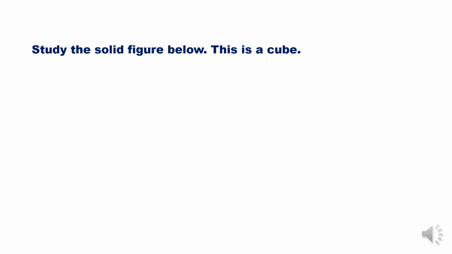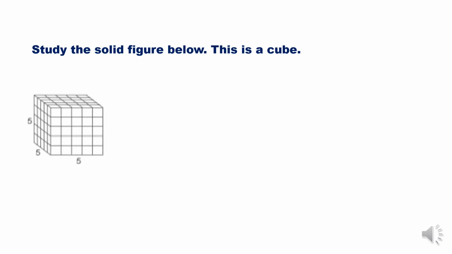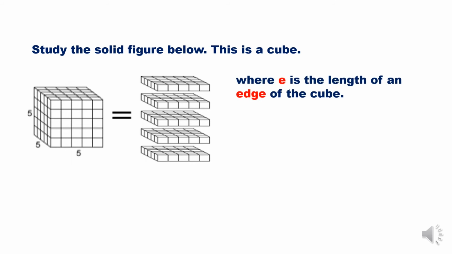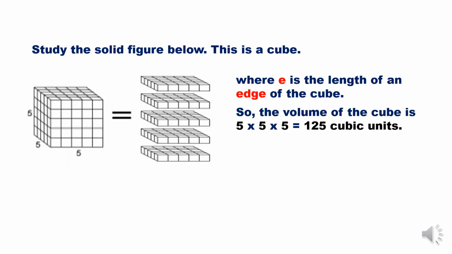Study the solid figure below. This is a cube, where E is the length of an edge of the cube. So the volume of the cube is 5 times 5 times 5 equals 125 cubic units.